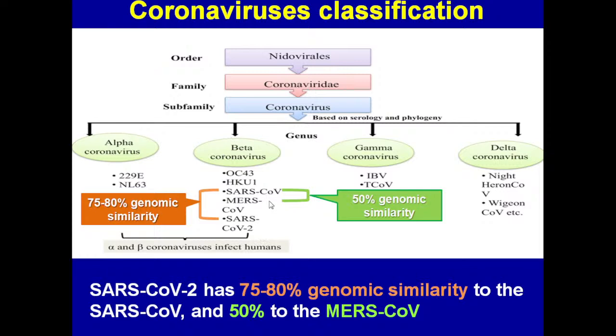All human viruses are here. And SARS, MERS, and SARS-CoV-2 have 75 to 80% genomic similarity. And only alpha and beta may infect humans. And SARS and MERS have little genomic similarity, just 50%. That's not so much.